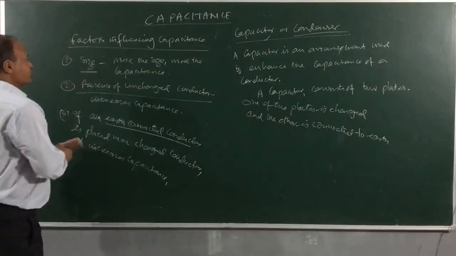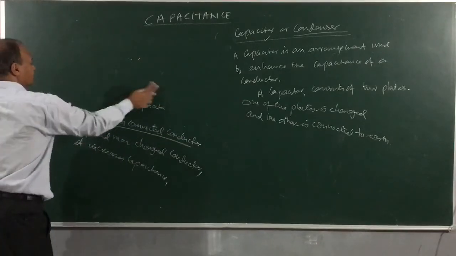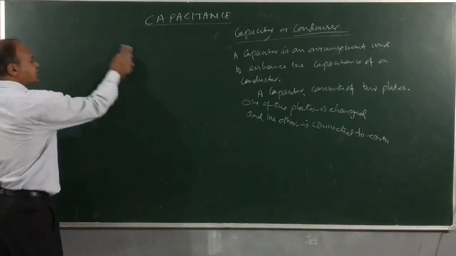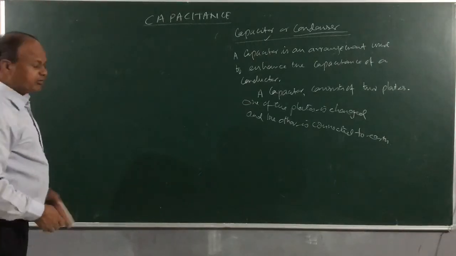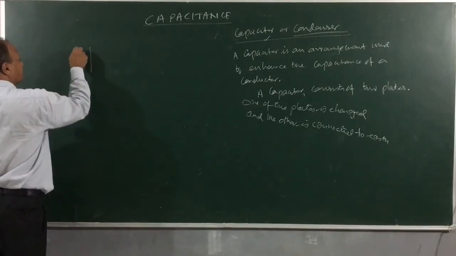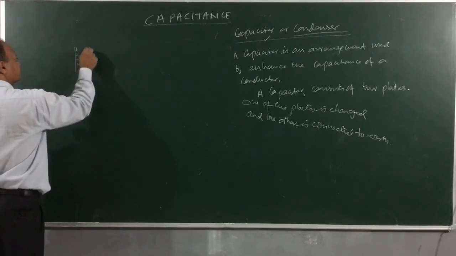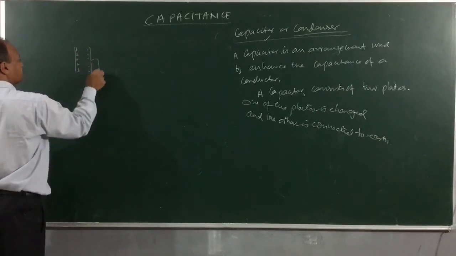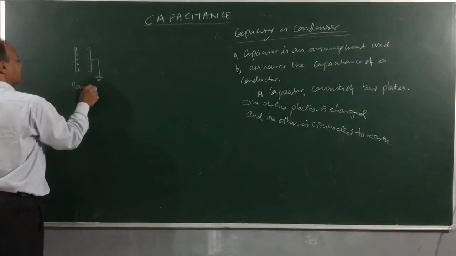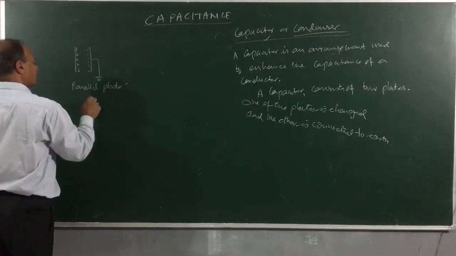Clear? So based on this, children, you have to study three types of capacitors. We have, if both the plates are parallel like this, one plate is charged and the other is connected to earth, it becomes parallel plate capacitor.